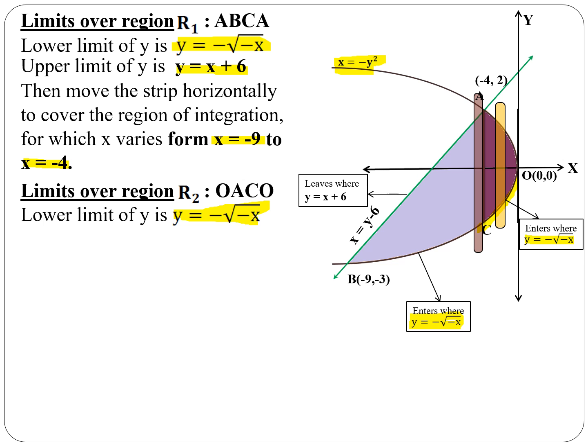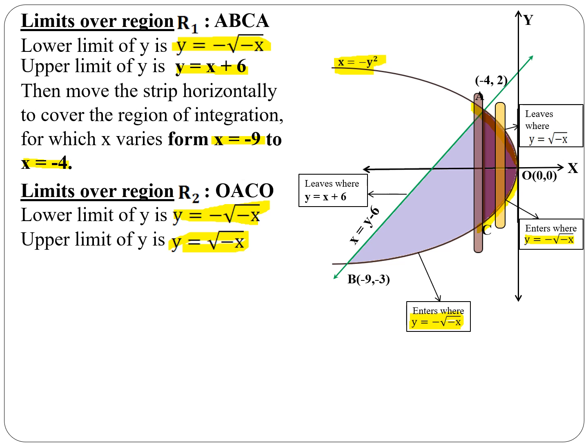Okay, and where it is leaving the region, that is the upper side, the positive side of the parabola, that is OA. So OA is where that strip will leave. The positive side of the parabola is given by y is equal to plus under root of minus x. Okay, now we will again move this yellow strip horizontally within the OACO region.